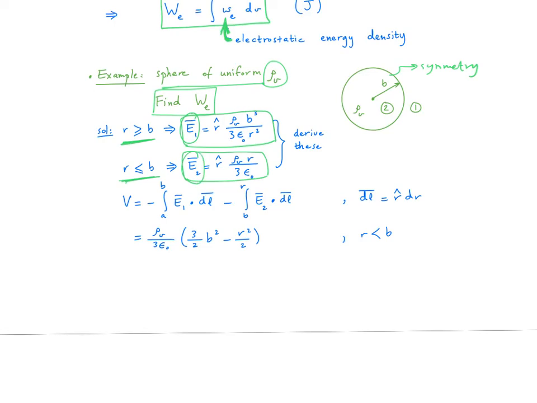Where do we move from here? We calculate our absolute potential, and notice that it contains two terms coming from both of these possibilities of the electric field, with the first term limits being from infinity to b, and the other term from b to r. So r can be outside or inside of the sphere. So in the case that it is inside of the sphere, then this expression equals this value.